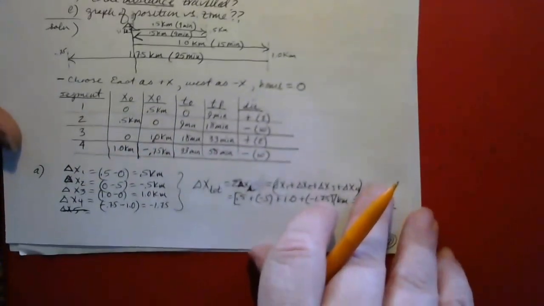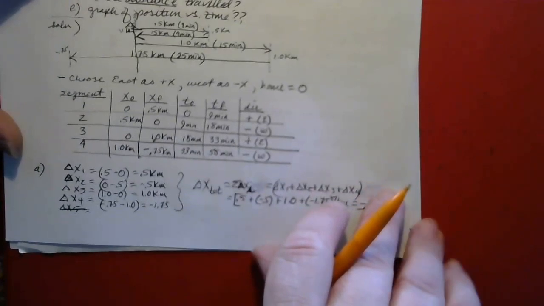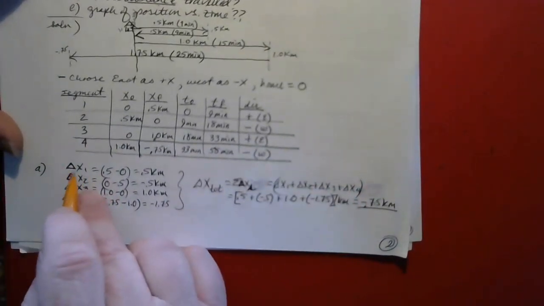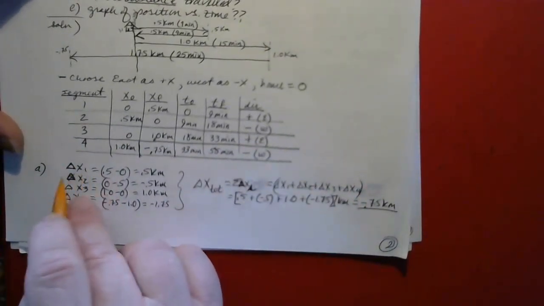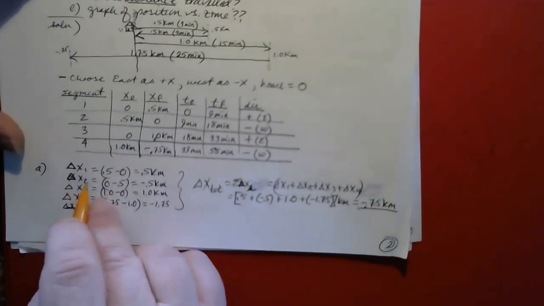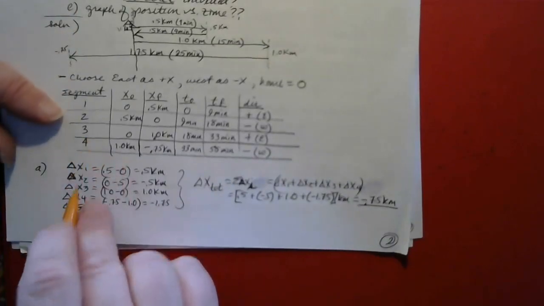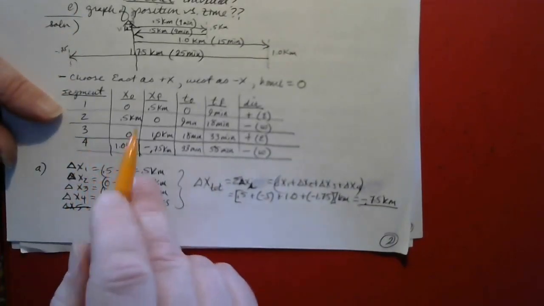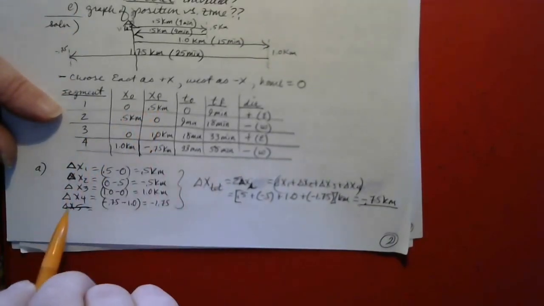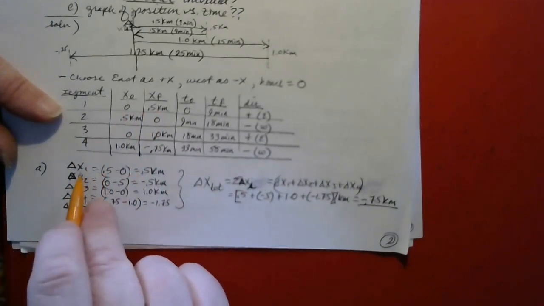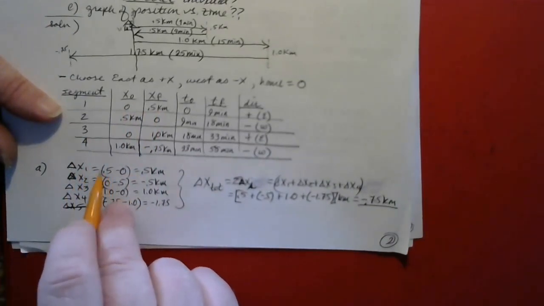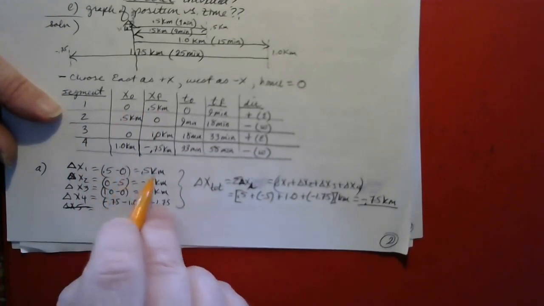So for part A, if we want the total displacement at the end, we take delta x1, that is the displacement for the first leg of the journey, plus delta x2, the displacement for the second segment of the journey, and so on. And that's just final x minus initial x. The displacement for the first leg was 0.5 minus 0, which is 0.5.